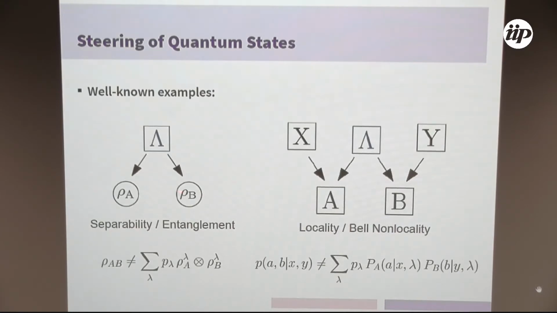We say that a quantum state is correlated in a classical sense if we have this model with a classical common cause correlating them both. So I say that the state is entangled if it's not compatible with this type of model. We can say the same thing about classical variables.